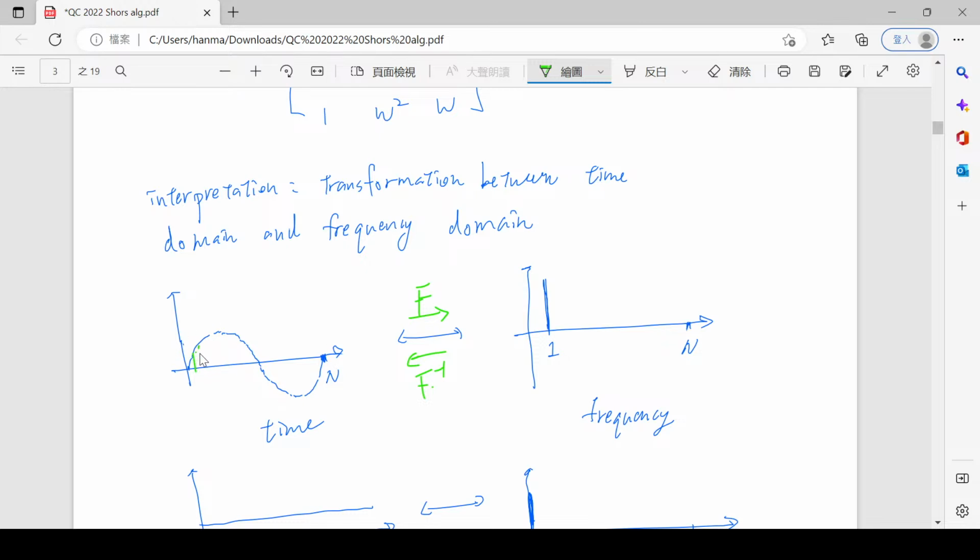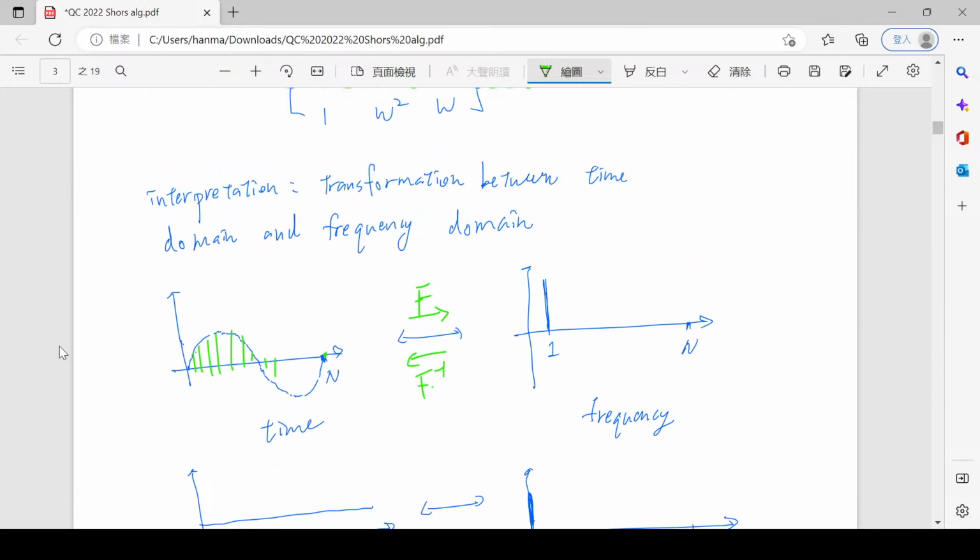It's actually discrete sample points, but let's write a continuous line so it's easier. So a discrete signal with period big N. And for a period N signal, the most pure one is like a sinusoidal, a sine function, right? So think about this sine function.